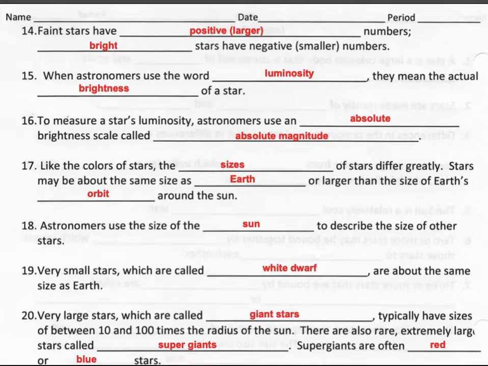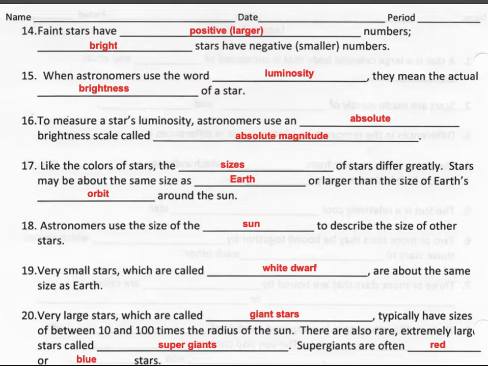When astronomers use the word luminosity, they mean the actual brightness of a star. Number 16, to measure a star's luminosity or brightness, astronomers use an absolute brightness scale called absolute magnitude.